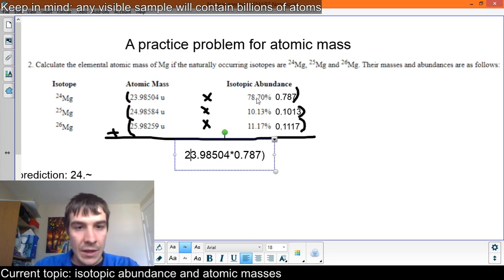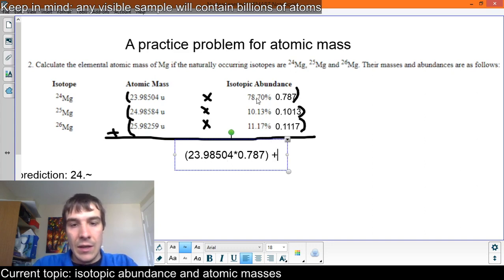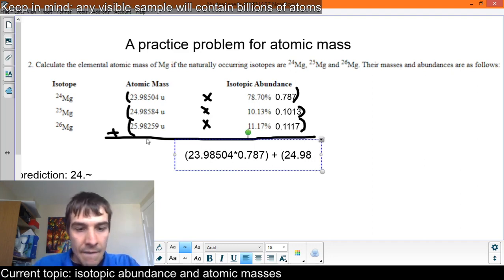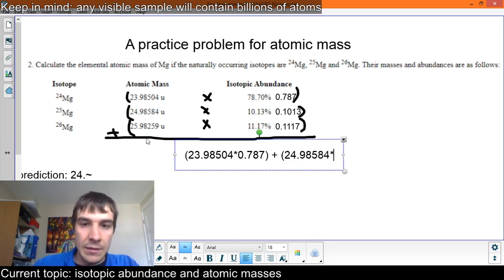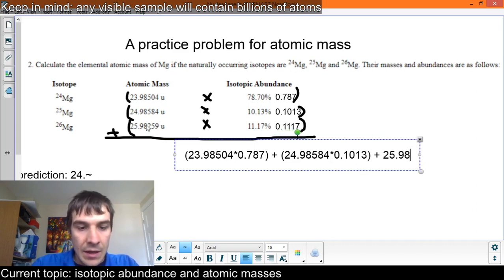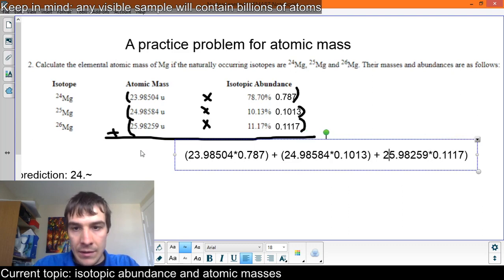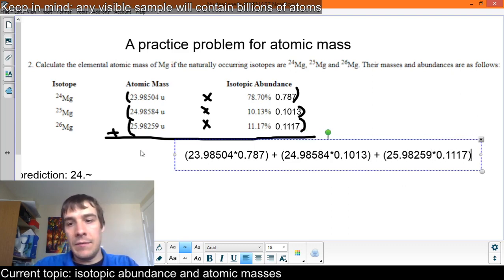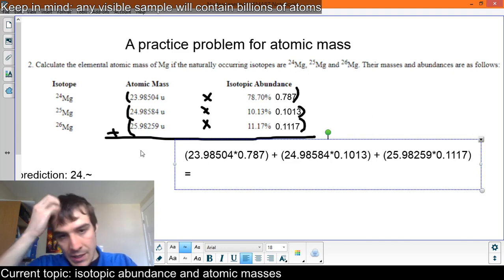That's our first isotope and its percentage. Then we have 24.98584 times this number here, 0.1013, plus, and then the last one here, 25.98259 times 0.1117, and we'll add them all together.